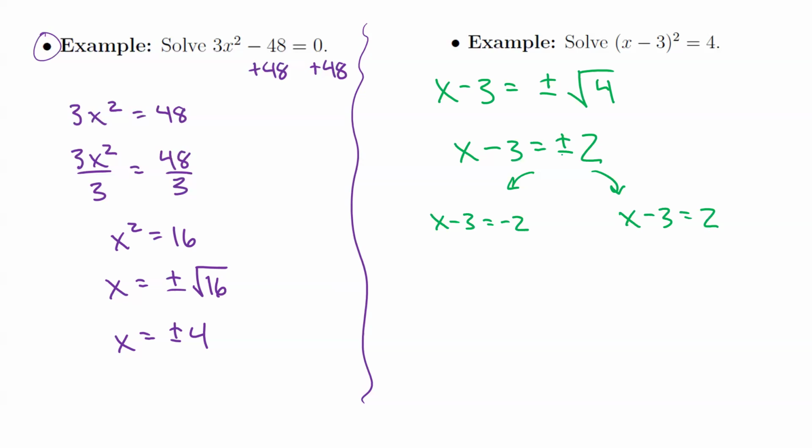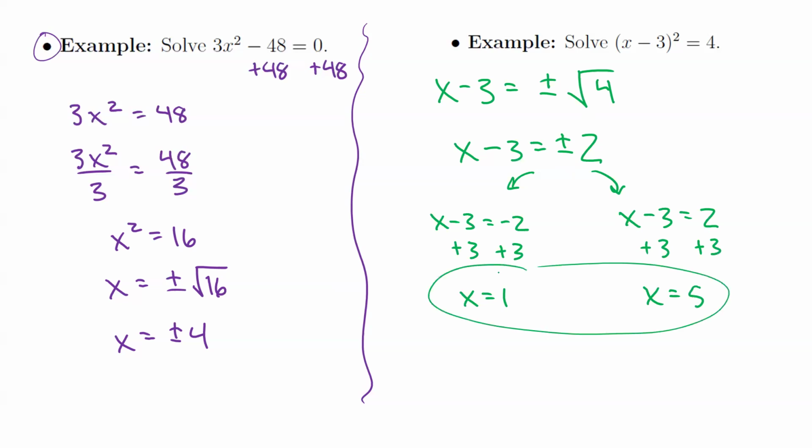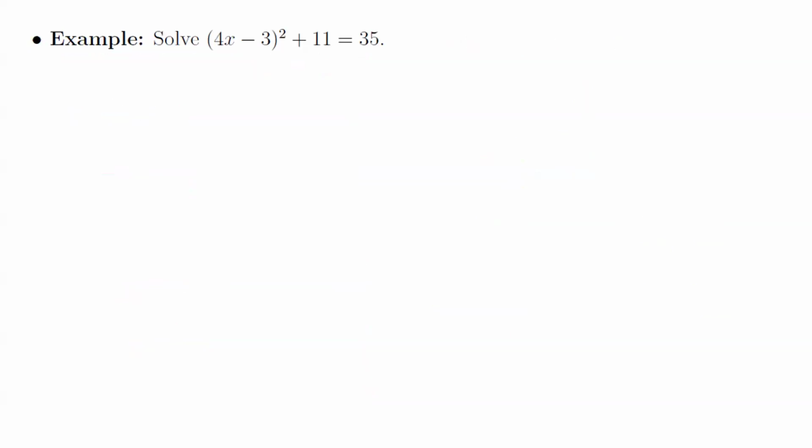You can do algebra with plus or minus 2 in there, but this makes it really clear what you're doing. So you solve that little equation and get x equals 1. And we solve this little equation and get x equals 5.